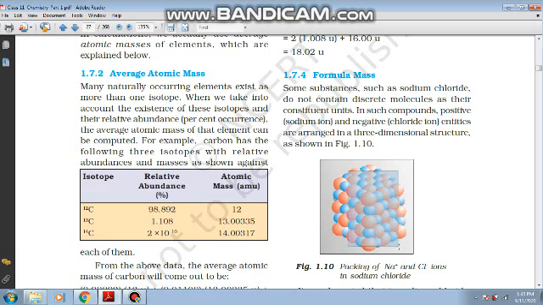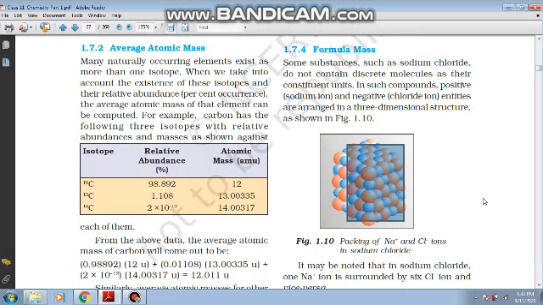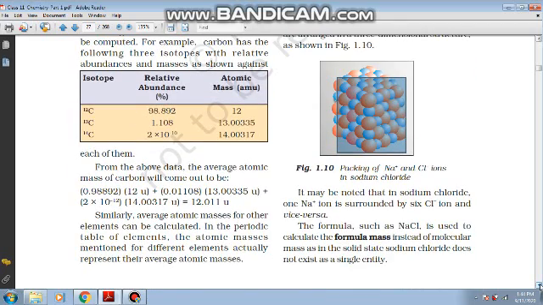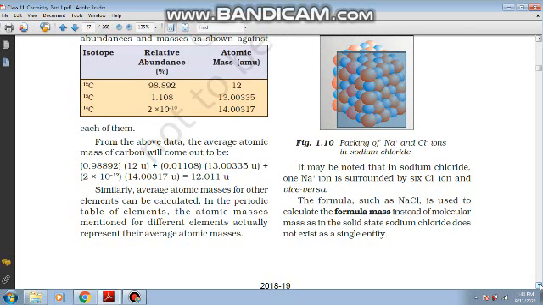See this one. The red one represents your sodium, and the blue one represents your chlorides. So this is a regular arrangement. So by knowing the number of cations and anions in one given unit volume, we can find out the relative ratio of cations and anions, and by knowing the relative ratio of cations and anions, we can find out its formula mass.